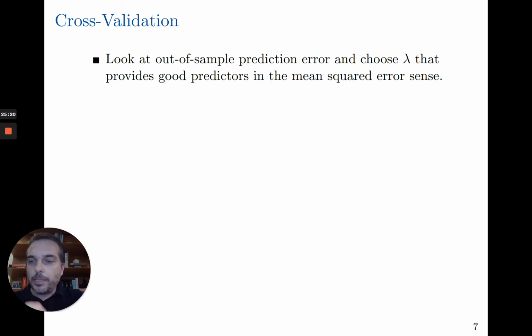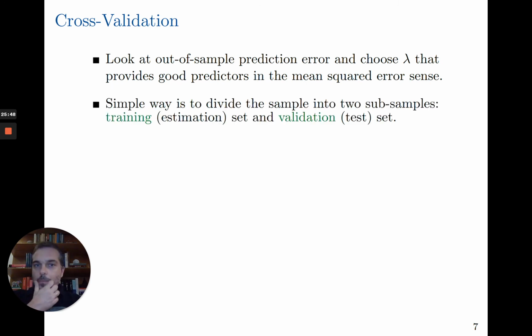Now, cross-validation. Okay? As I mentioned, the whole intuition of cross-validation is to look at a different sample and compare the performance of different models over the second sample. So you can look at the mean squared errors over the second sample and compare which model performs the best.